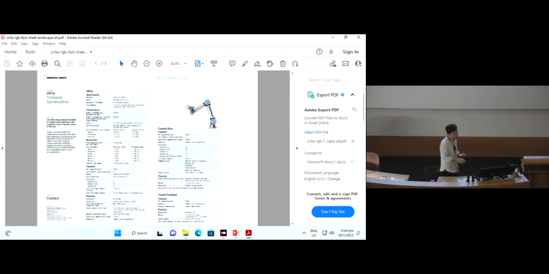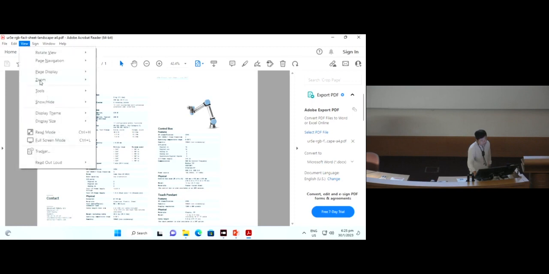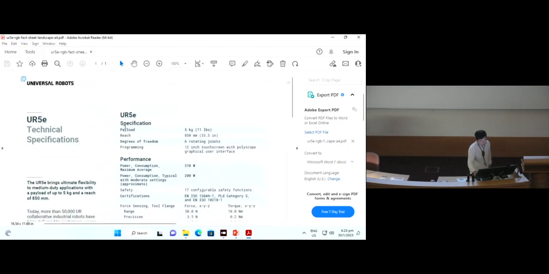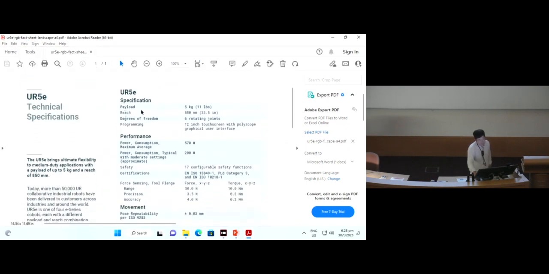So bear in mind when you do the simulation, the fact sheet actually tells you the degree that they can bend. So this is kind of important. You need to study the fact sheet. For example, the UR5e is the latest, one variant of the UR5.